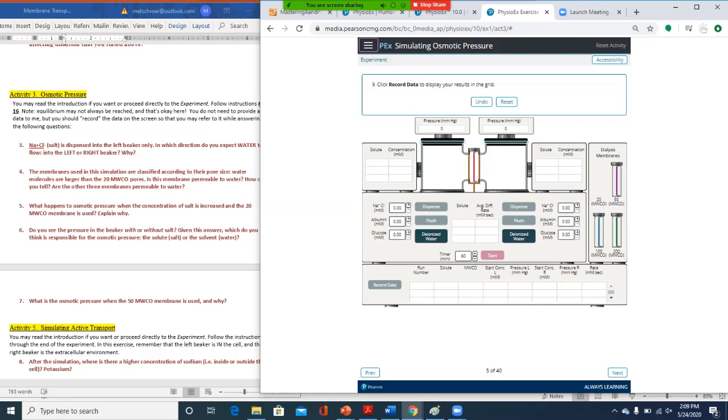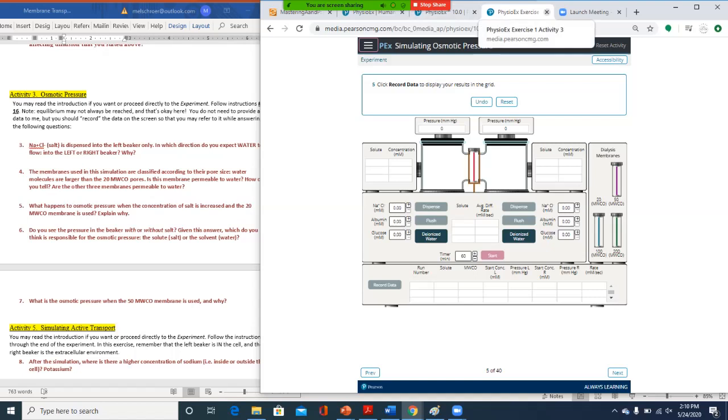You are going to be looking at osmotic pressure here, and you're going to be answering these questions about what you learned from this exercise. None of this data that you collect down here is something that you need to give to me, but it will be important to actually collect it so that you can talk about it in these questions here.